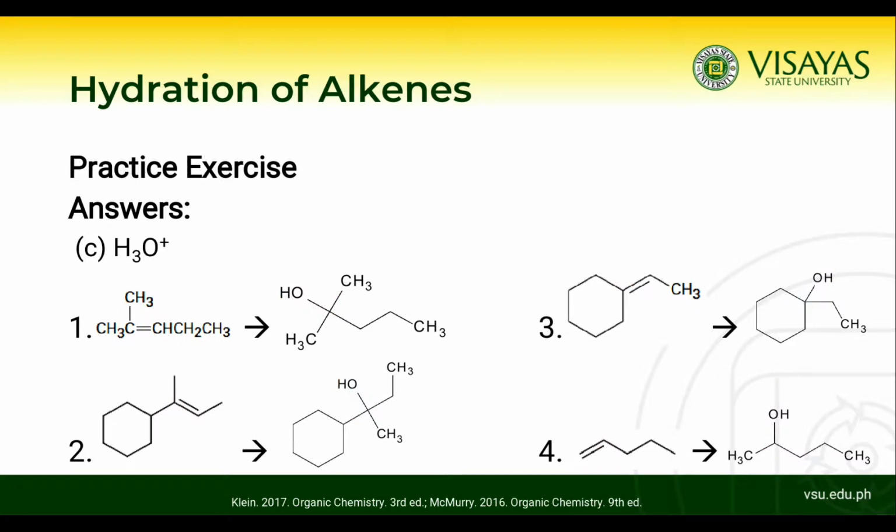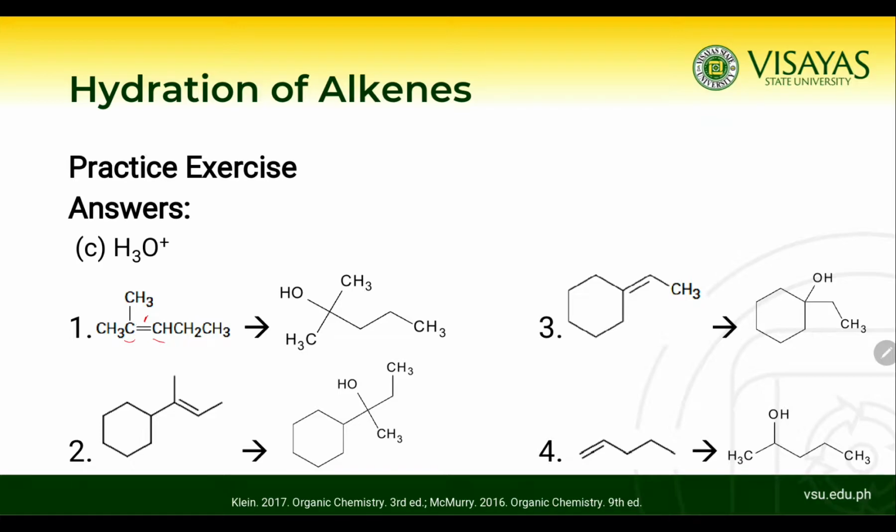In letter C, when we follow the acid-catalyzed hydration, again in the first step, we form the carbocation intermediate. So in number 1, in the first step, the pi electrons should attack the hydronium ion. So after the attack on the hydronium ion, one of the carbons here should be positively charged. Now we form the carbocation intermediate.